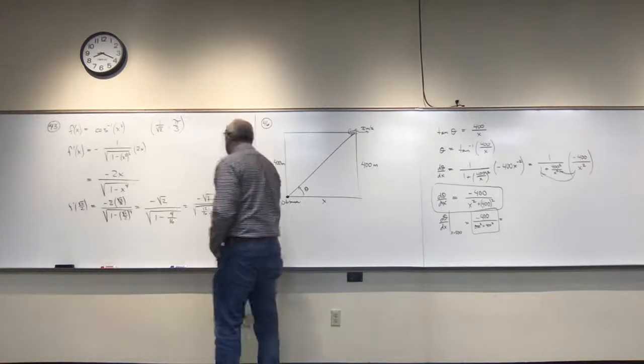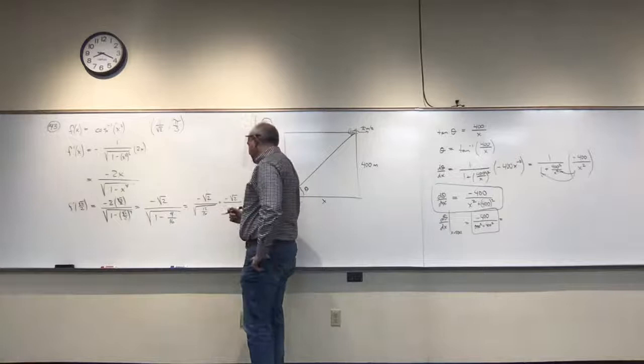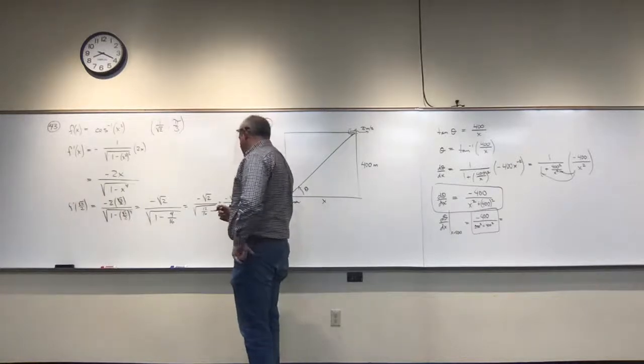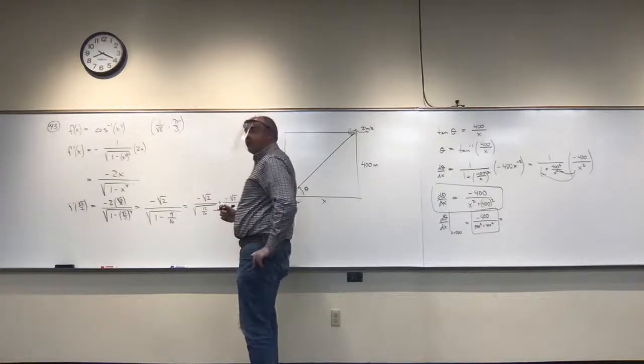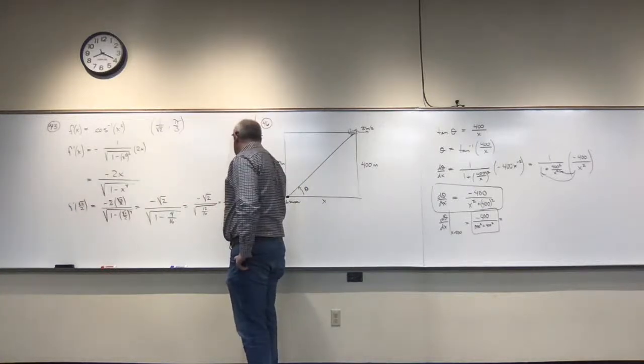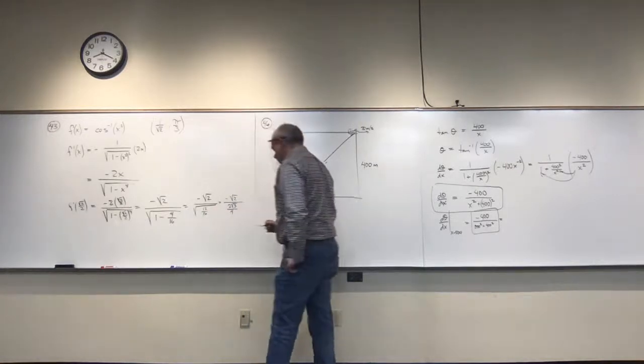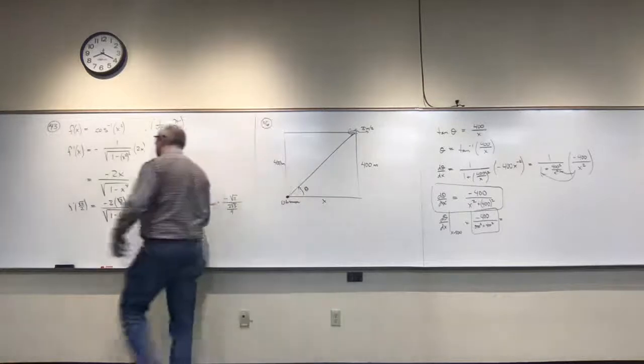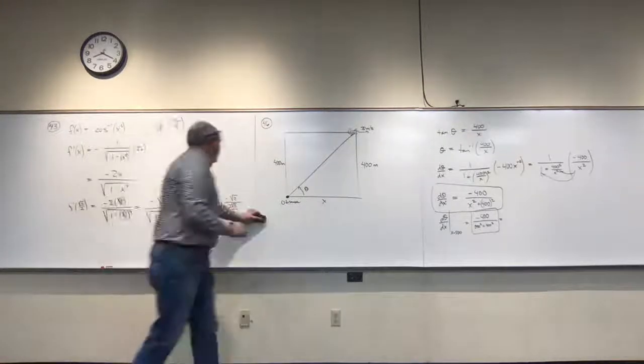And on the bottom, I've got the square root of 12. Let's see, the square root of 12 is the same as 2 square root 3. Is that right? 2 square roots of 3 divided by the square root of 16, which is just 4. Okay, I'm just trying to get this as simple as I can before I have to use it.